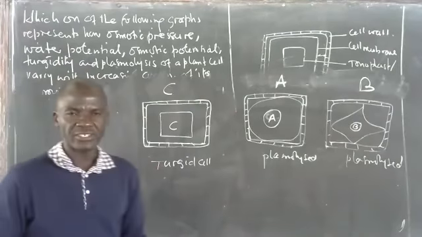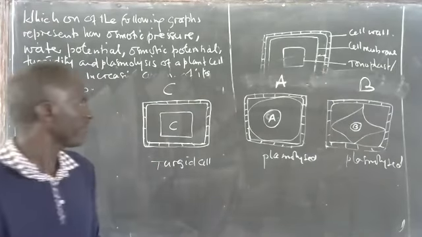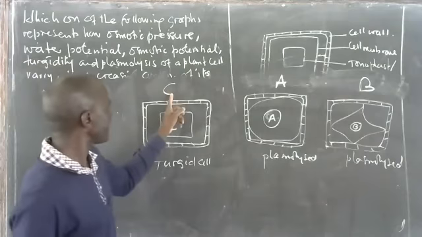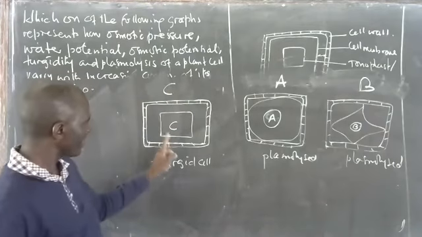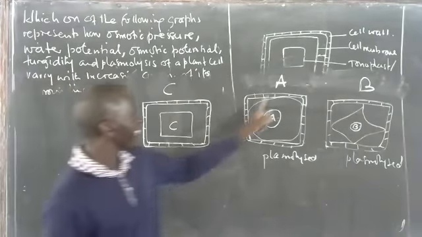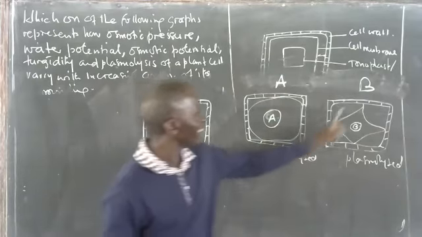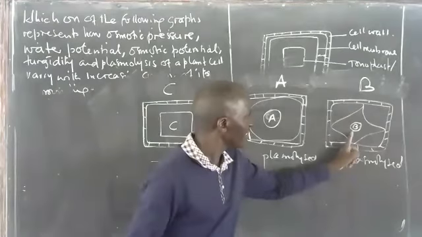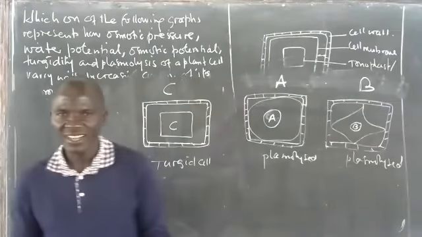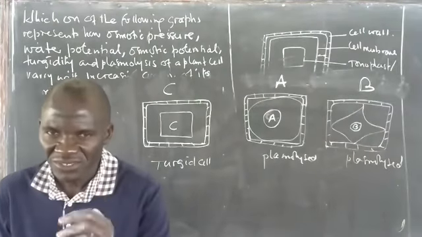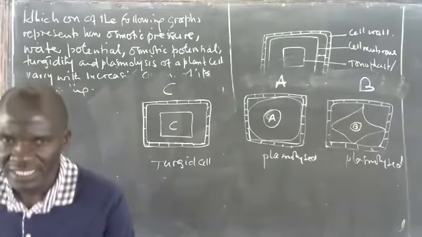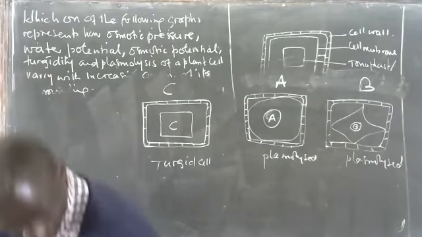This one is turgid. If I may ask, solution C, in which this cell was placed, and solution A, in which this cell was placed, and solution B, in which this cell was placed, which one of those three solutions is the most hypertonic solution?